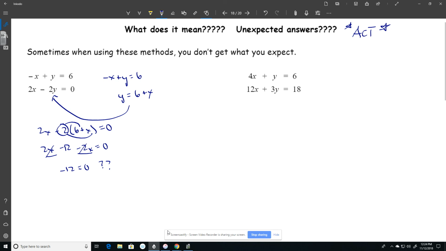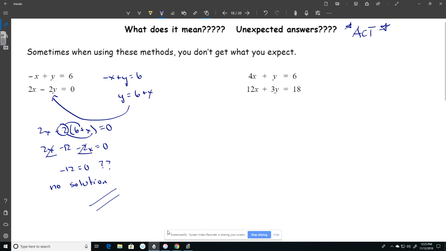Negative 12 is not equal to 0. So if that happens, that means there is no solution. If your x's and your y's cancel out, then there's no solution to the problem, which means these lines are never going to actually cross, which means they're parallel for future ACT questions.